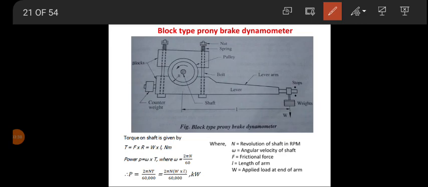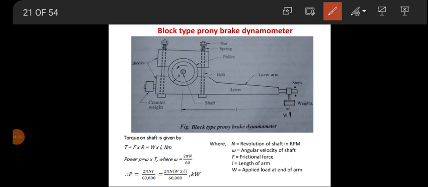Mainly we have a shaft, and then a pulley. The shaft and pulley are there, and two wooden blocks are there. On the right side we have a lever and weight mechanism, with which we are going to measure the torque and power.